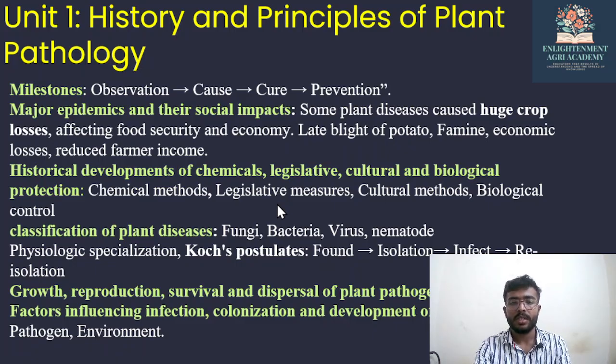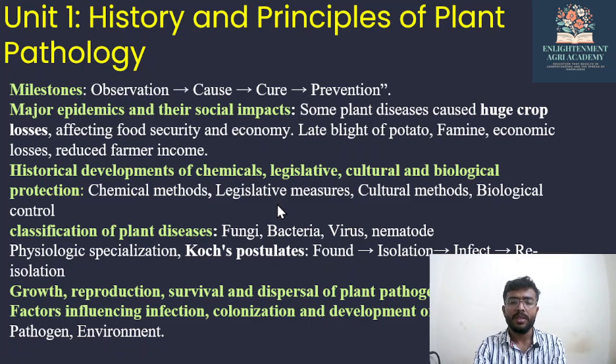Next, physiological specialization: what physiological specialization is present in fungi, bacteria and viruses, they have some special characteristics to live for a long period in the soil or in any plant debris. Now Koch's postulates have four stages.